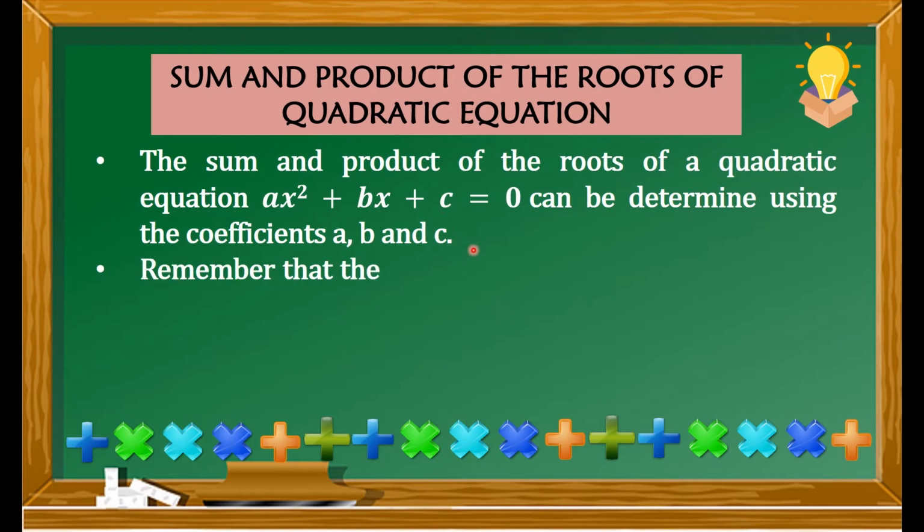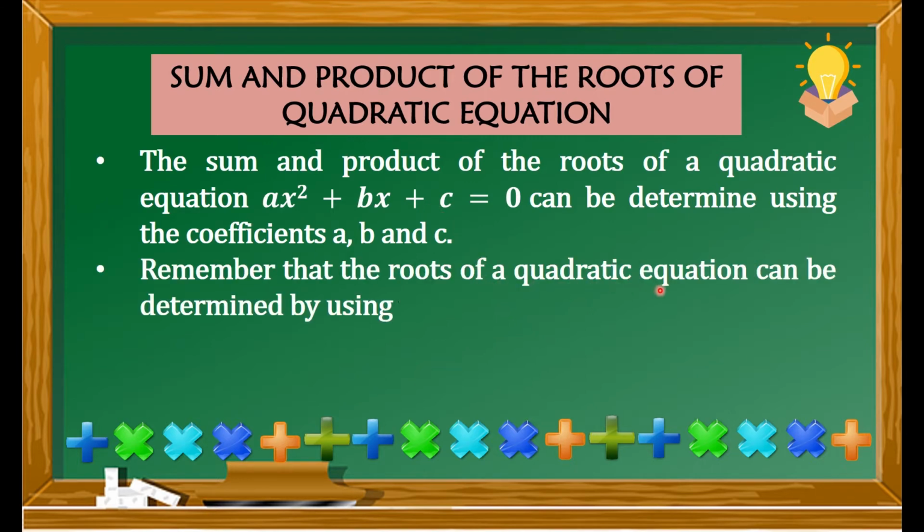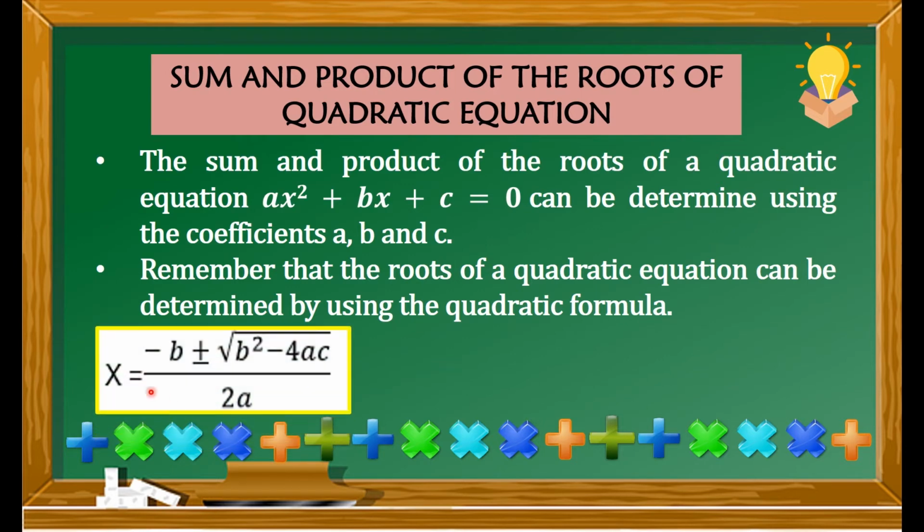Just remember that the roots of a quadratic equation can be determined by using the quadratic formula. Because as you can observe in the quadratic formula, there are a, b, and c, which are coefficients. And this is positive or negative, meaning you can have plus or minus.